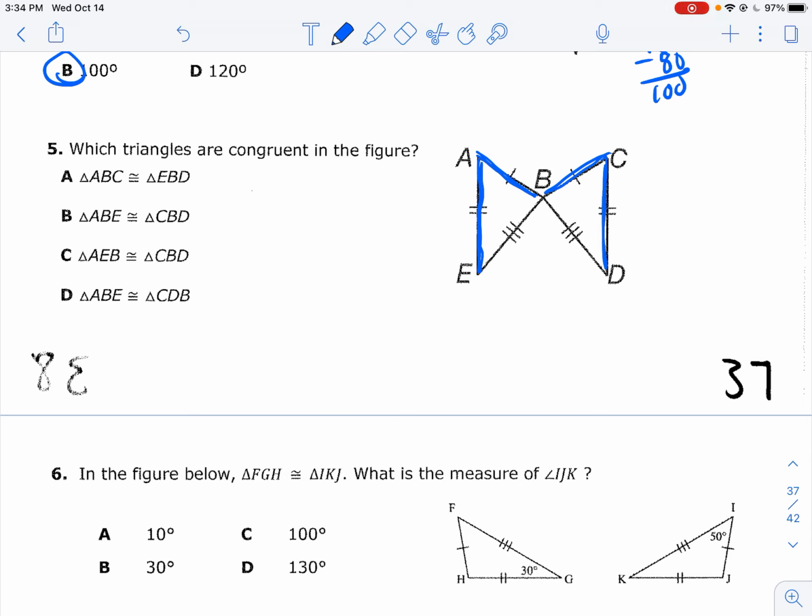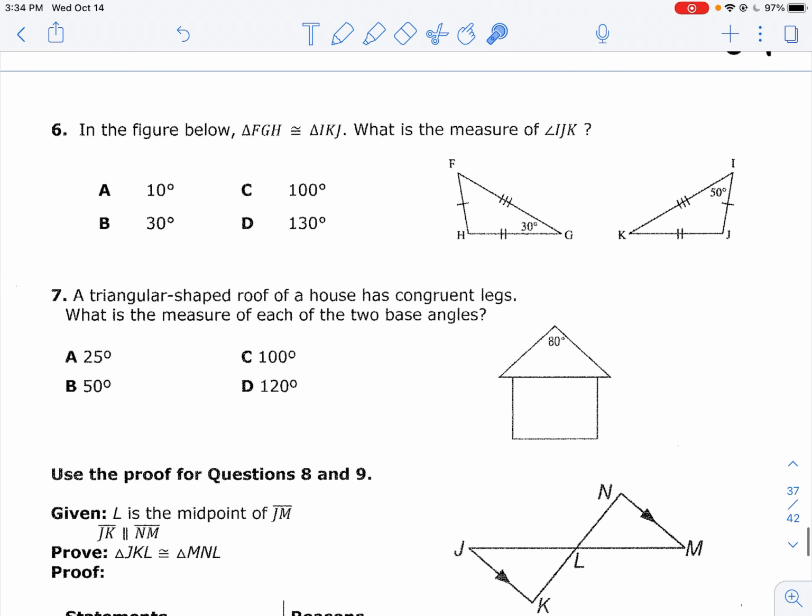AE is congruent to CD. So I'm looking at triangle ABE is congruent to CBD. Make sure the letters are in the right order, and that would be the answer.